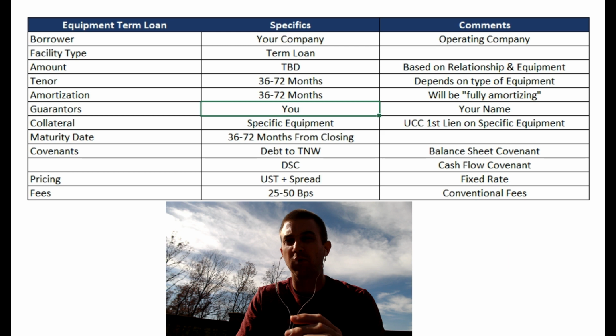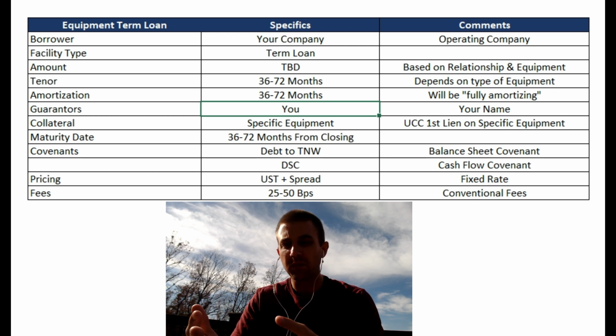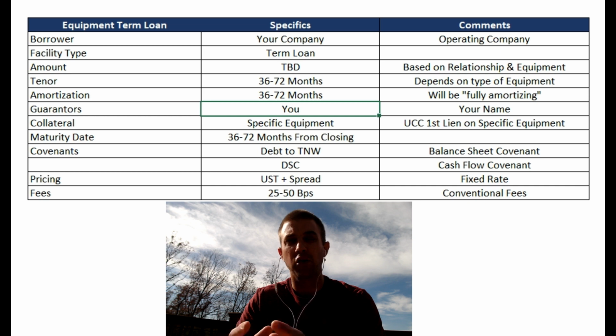So now we're moving down to the guarantors. As I've said in other videos, this could also be other operating businesses you run that are going to use the equipment, but primarily because we're trying to keep these simple, the guarantor is going to be you. Why? Because in order to repay the loan, you are going to need to run that equipment and generate the money that is needed to repay for the equipment.